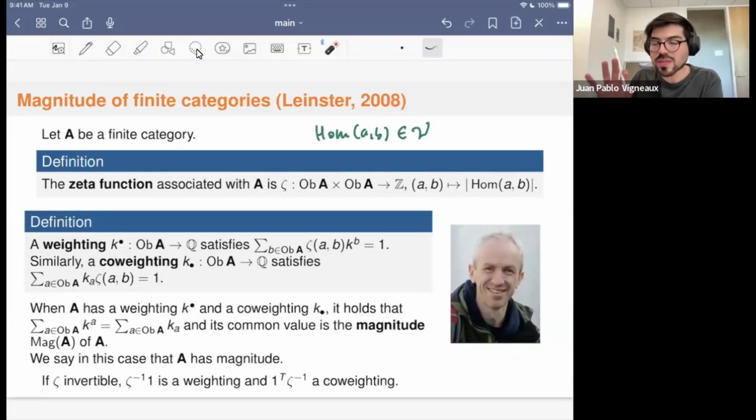So only in those cases is there a magnitude. And you recover the poset case because when zeta is invertible, there is just one weighting, and you can find it from the inverse. So the only weighting is the row-wise sum of components of zeta, and the only co-weighting is the column-wise sum of components of zeta. So you recover also Rota's definition.